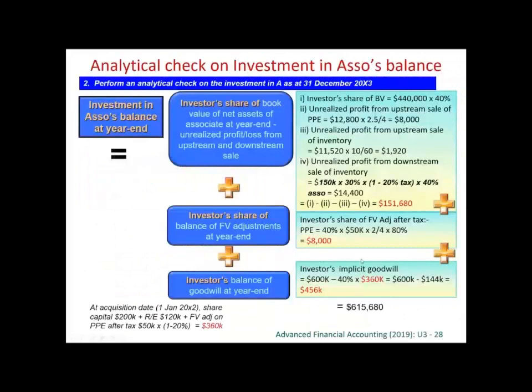So the adjustment is 50,000, 2 years remains. After tax, 1 minus 20% tax rate, and you share only your 40% as an associate. Next year, it will be 1 out of 4, and then the year after, everything is finished. Why? These fair value adjustments will be finished within 4 years.